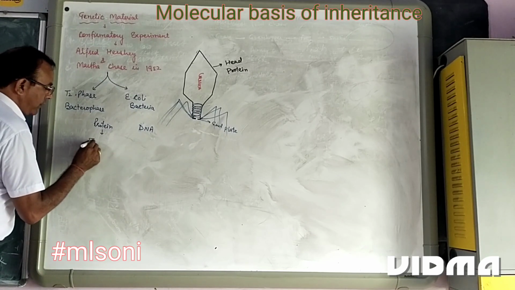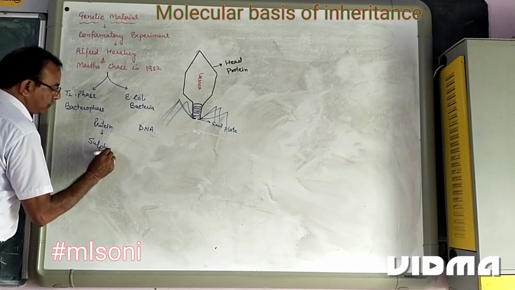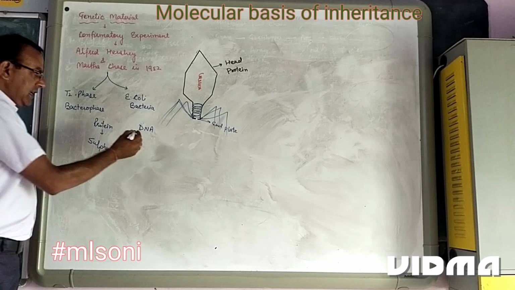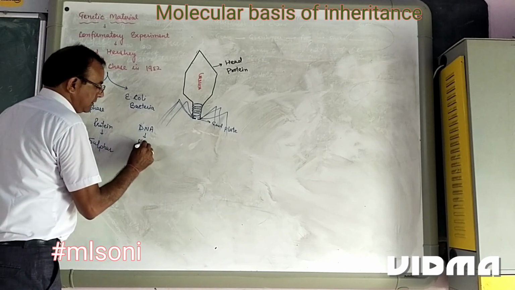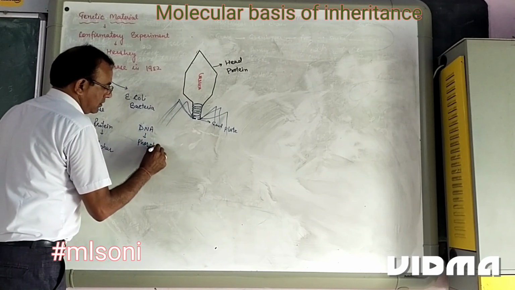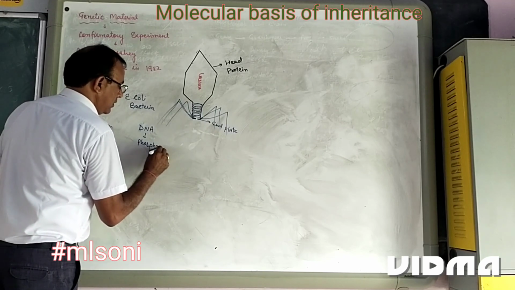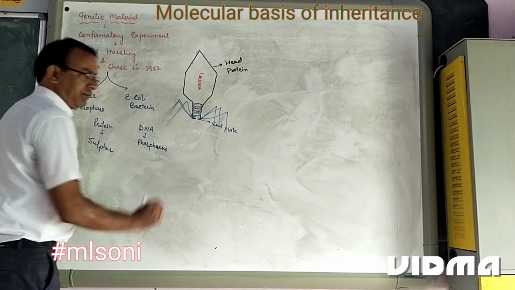Protein contains sulfur but not phosphorus, and DNA contains phosphorus but not sulfur.